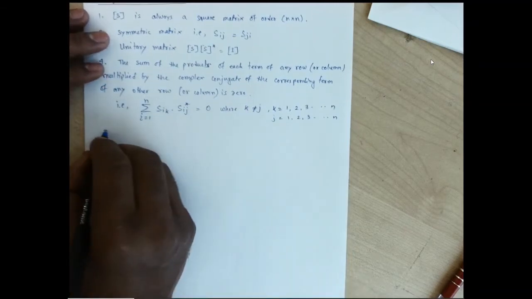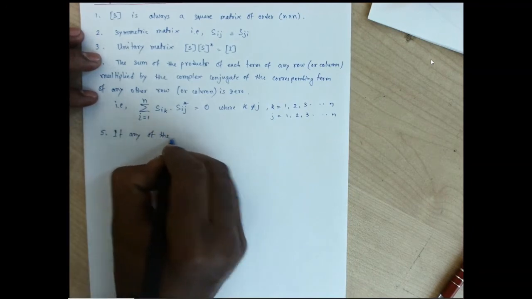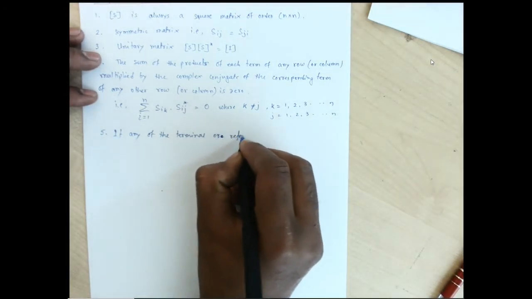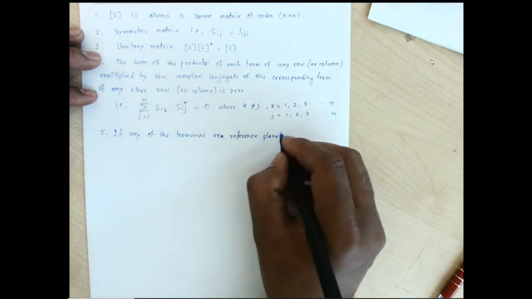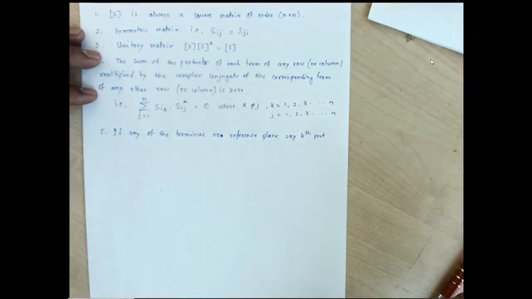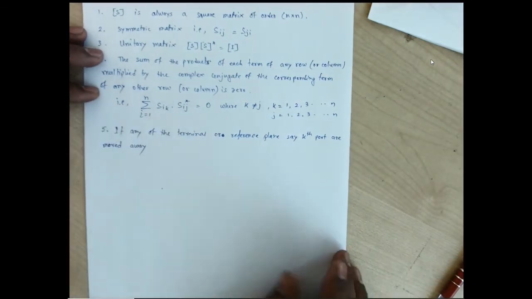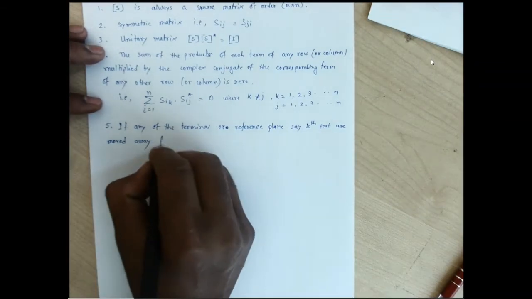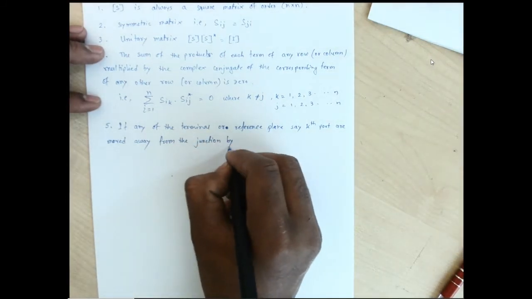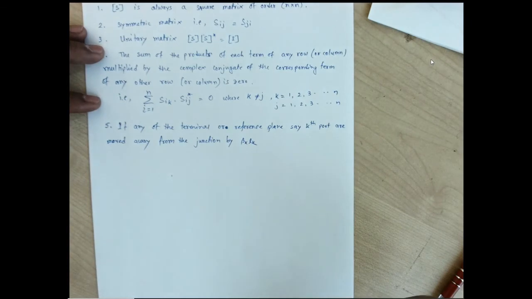Fifth property, if any of the terminal or reference plane, let us consider, say, kth port, are moved away from the junction by some length, electrical length, that is considered beta k lk, some theta electrical length, it has been moved.